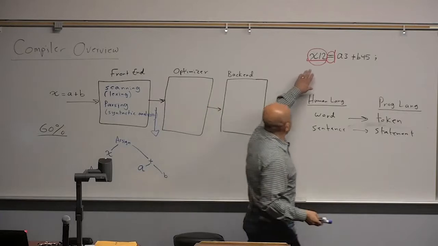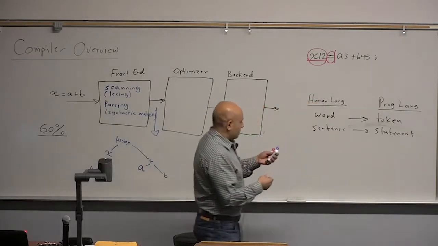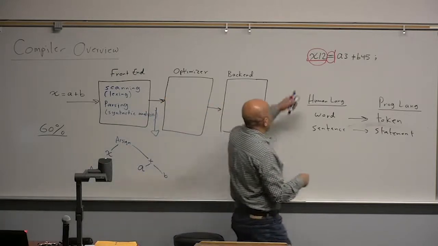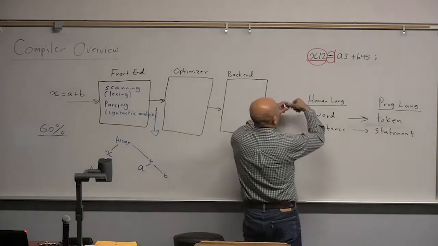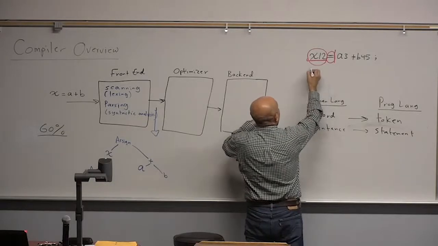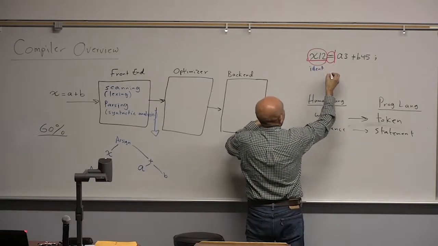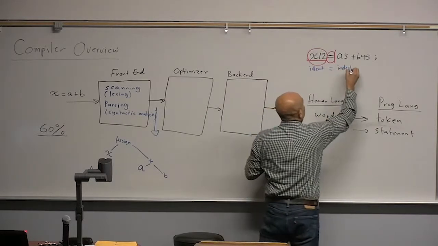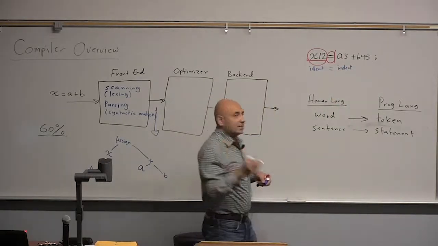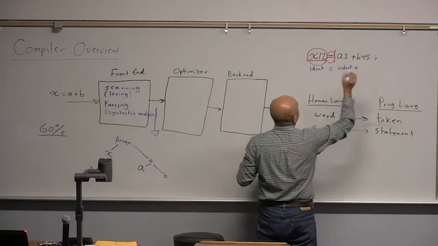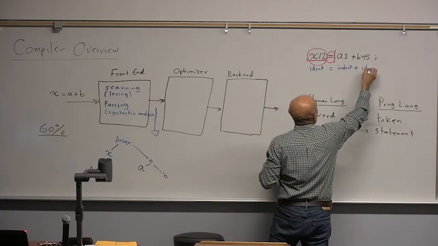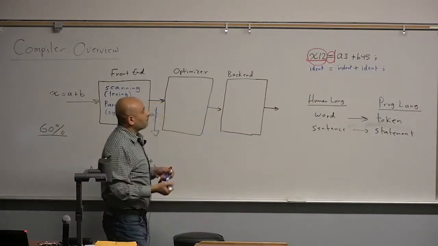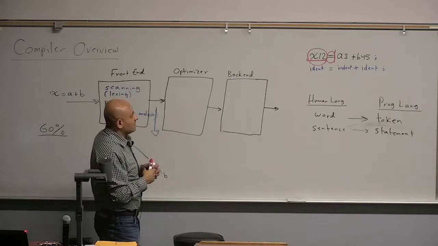So now the scanner or the lexical analyzer divided this up into these tokens. So the first token is a variable name or an identifier. This is an equal. This is another identifier or a variable name. Identifier is a name of a variable or a name of a function, plus another identifier plus this, the semicolon, the end of statement.